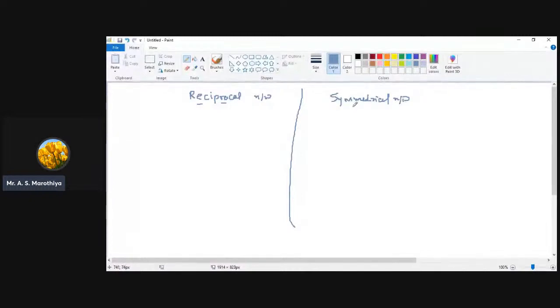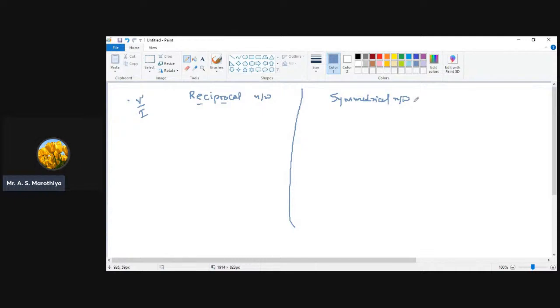Symmetrical means that if we measure the impedance at one port, and the value of that impedance is exactly the impedance measured at another port, keeping the remaining ports open circuited, then that type of network is called a symmetrical network. So in reciprocal, we have to take the ratio of V by I at one port, and if you interchange the positions and again calculate the ratio V by I under the different condition, and both are the same, then it is called reciprocal.